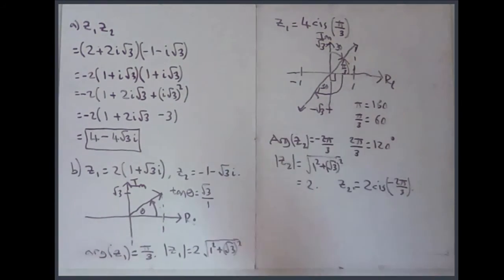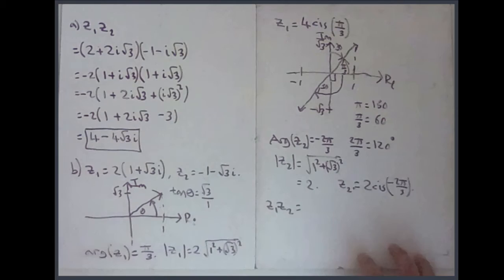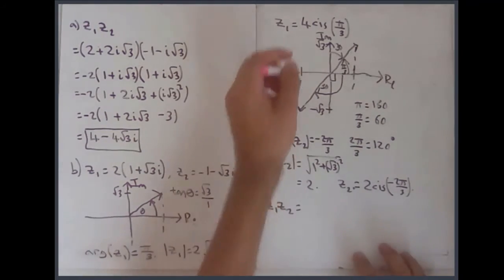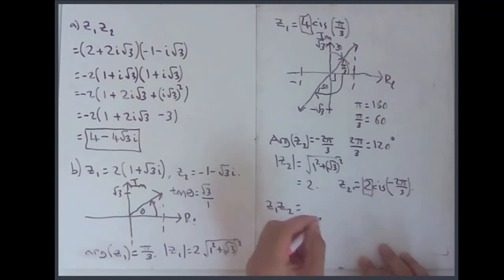Okay, so now we've got them in polar form. We can do Z1 Z2. So when you're multiplying together two complex numbers, and they're both in their polar form, their modulus argument form, you multiply the moduli. So you have the modulus of the first one, the modulus of the second one, you times them together. So the two moduli are 4 and 2, so we're going to do 4 times 2.